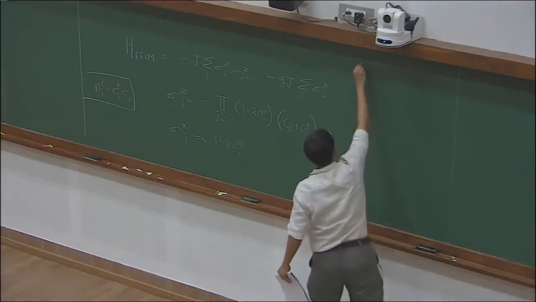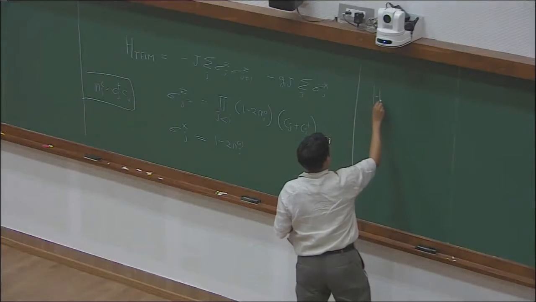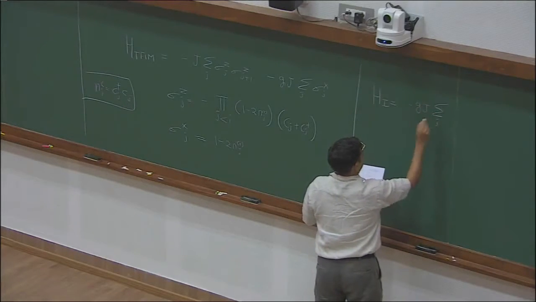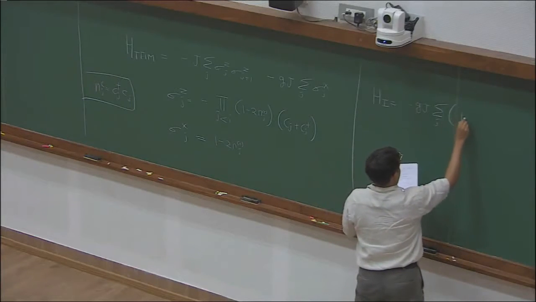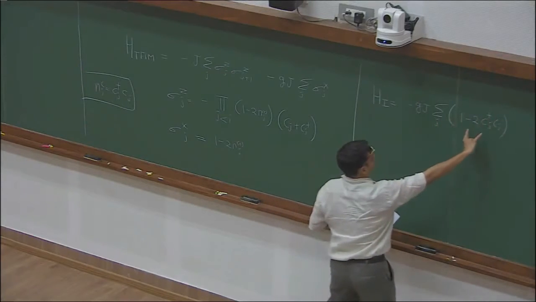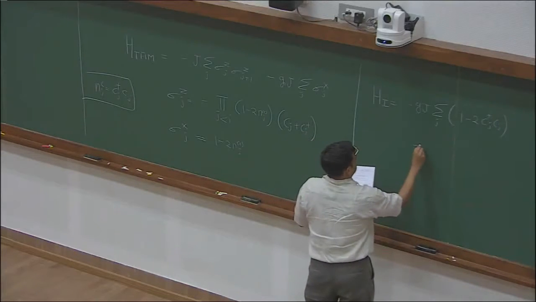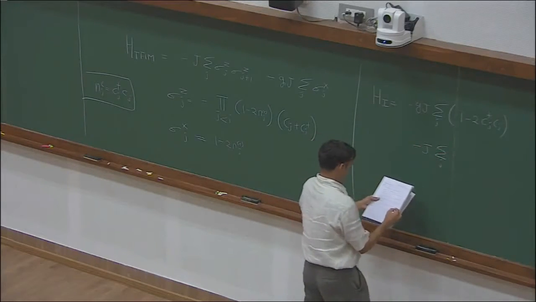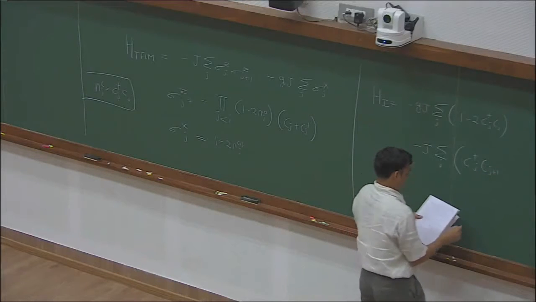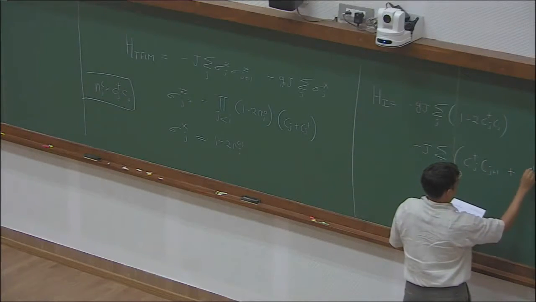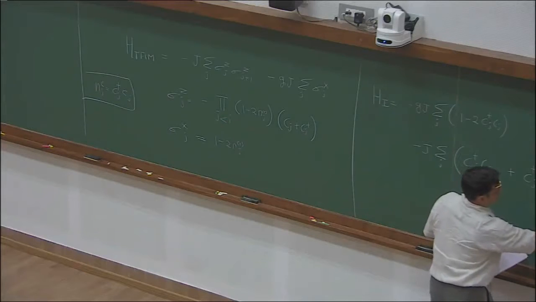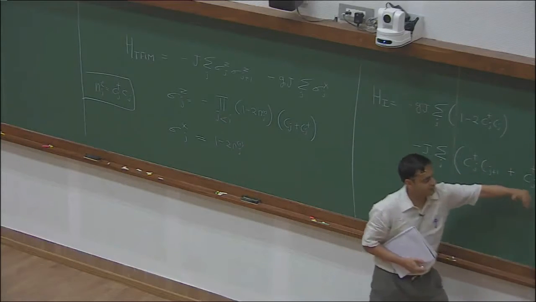And the quadratic form we got was minus J sum over j of 1 minus 2 c dagger j c j, which is just 1 minus 2n, and then minus J sum over j of the hopping terms, plus h.c., which stands for taking the Hermitian conjugate of these two terms and adding them.